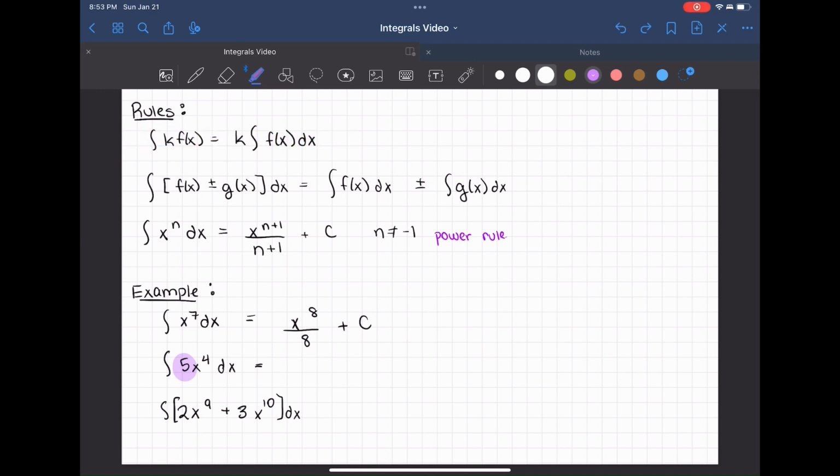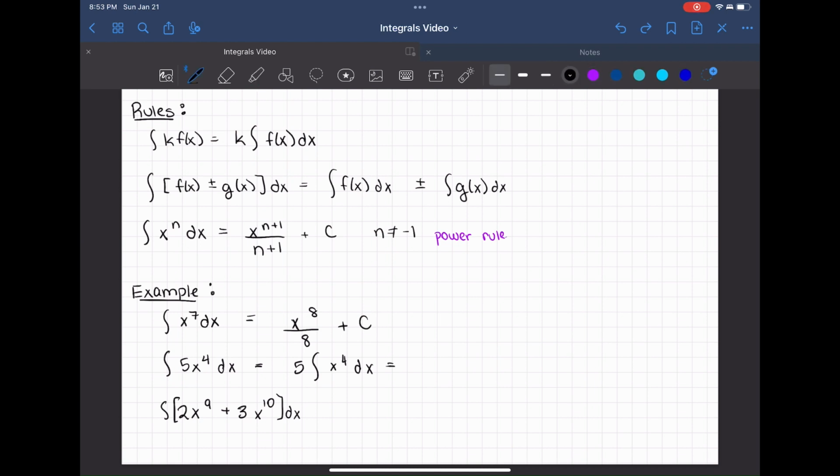We can just take out the 5 and ignore it until the very end. So I'm going to do that mathematically. Eventually, you can do this mentally, but for the first few times, it's a good idea to write it out so you know what you're doing. So I just took out the 5 per this rule. It's a constant, so we can do that.